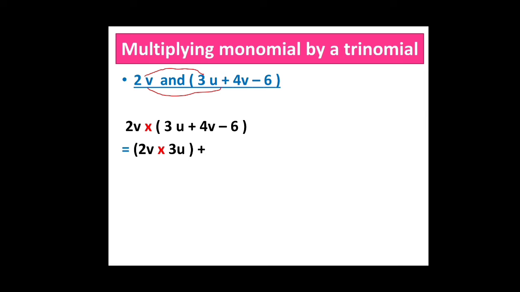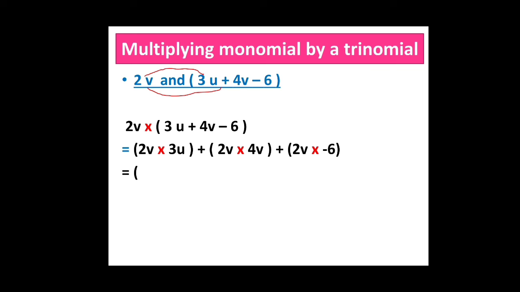plus 2v into 4v plus 2v into minus 6. Now, what we have to do? We have to write all the numbers in the group first.